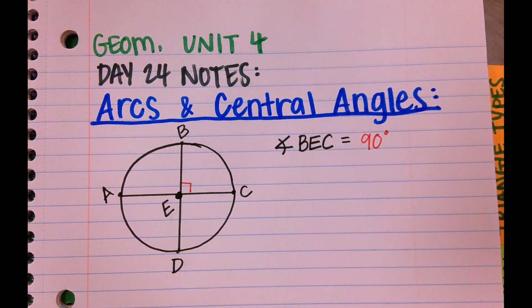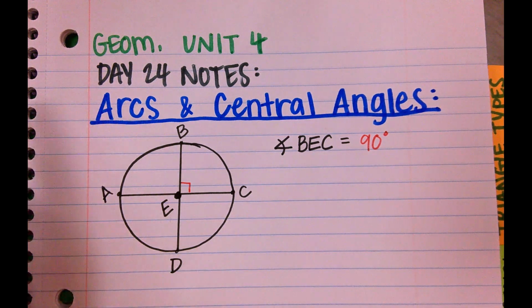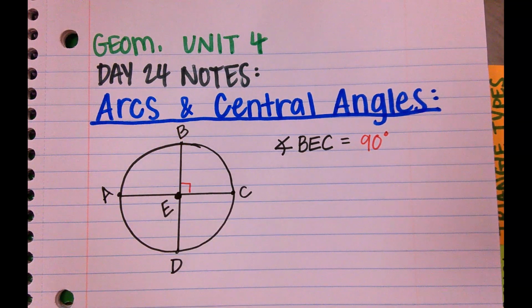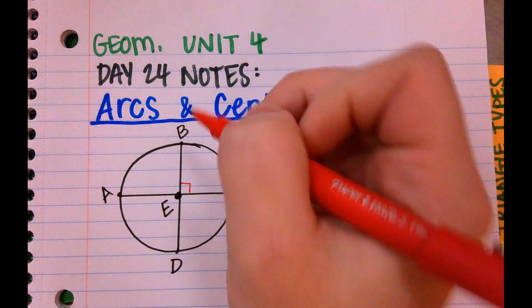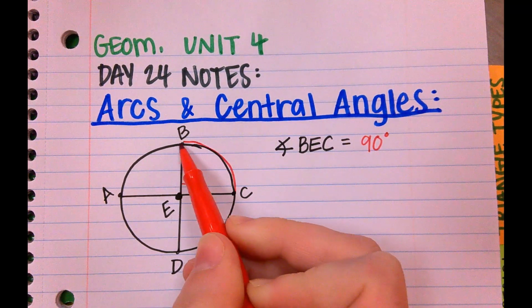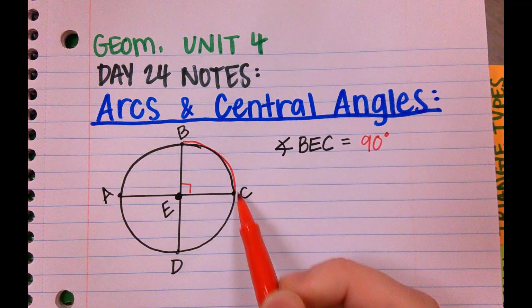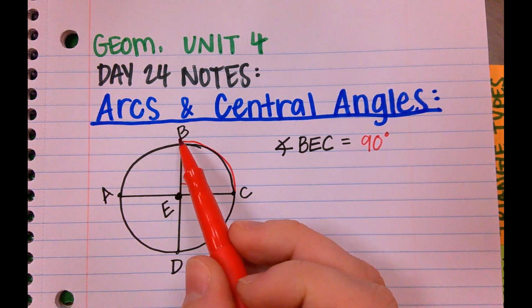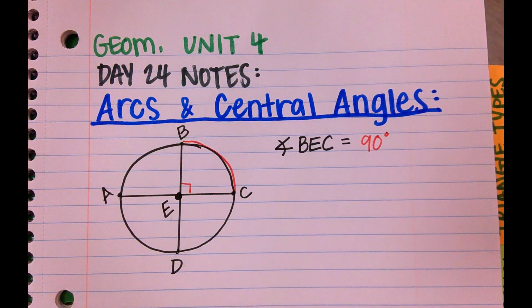Now we've learned about angles plenty this term, but something that circles have that is a little bit unique, no other shape that I know of really has these, are the arcs. So arcs are just the curve that is inside of that angle, right around the edge. And we name arcs with degrees, just like we do angles.